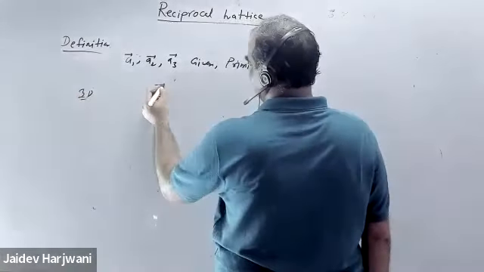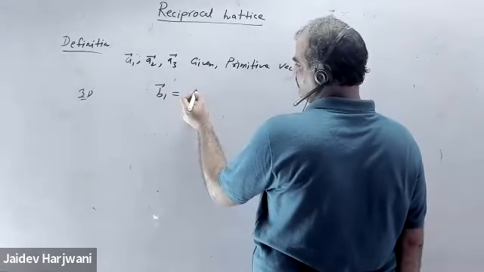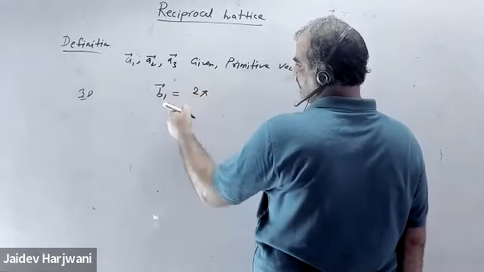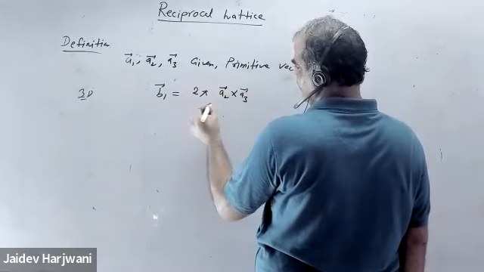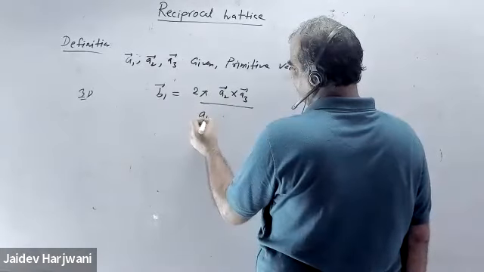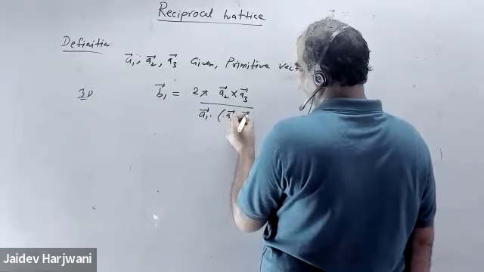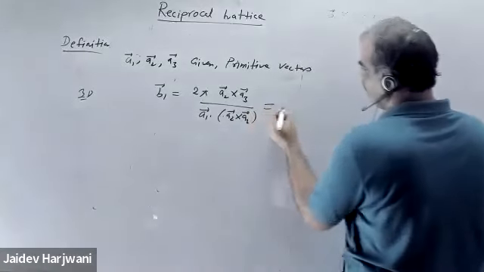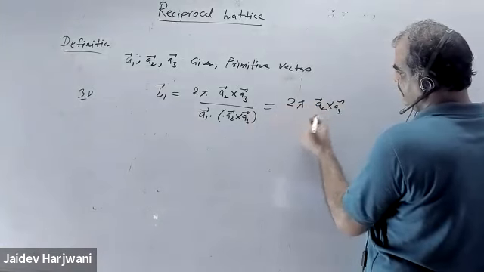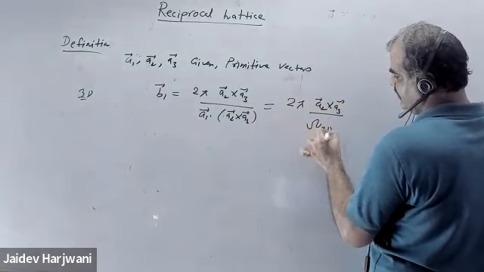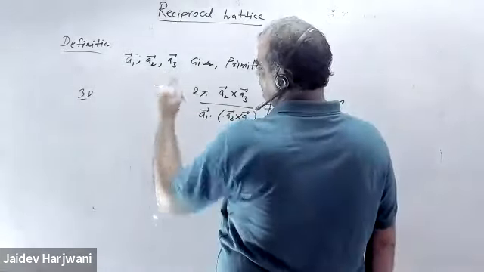How do we calculate b1? b1 equals 2π, a2 × a3, divided by the volume defined by the three vectors a1, a2, a3. This is your volume in 3D, the volume spanned by these three primitive vectors.